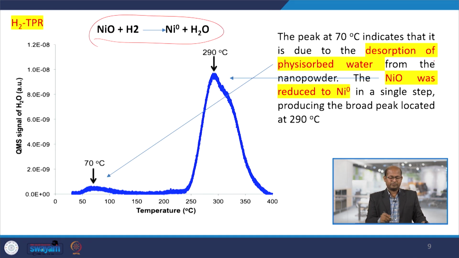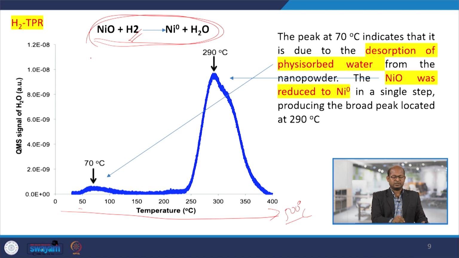In the presence of hydrogen at a particular temperature, say if you reach 25 to 400 or 500 degrees centigrade, nickel oxide would be reduced to nickel metal, and there would be hydrogen consumption: hydrogen gas is consumed to reduce this.